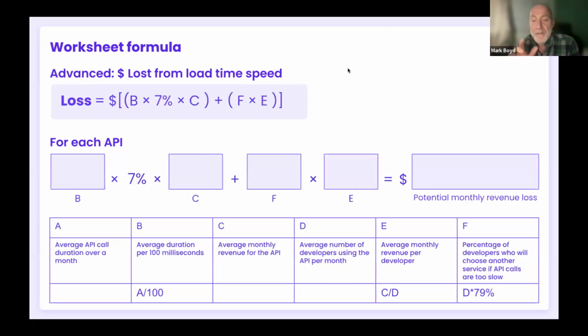Yeah, no. And then I won't go into this one, but we also have an advanced formula where not only do you calculate that loss, but also there's data that shows for shoppers, if a website's too slow, 79% won't visit it again. So maybe that's too high for developers, but there would be a figure as far as the percent of developers who will find an alternative.